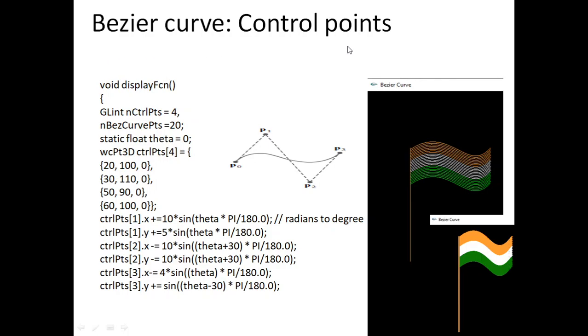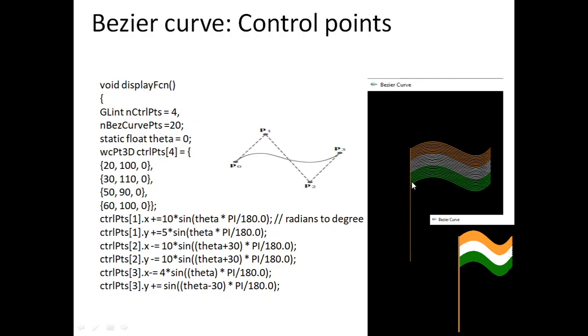Bezier curve control point. Now actually this is our output. By using a curve, we are going to draw a flag, correct? But this output will be obtained by drawing curves like this. So here you can see a green color curve. We are going to draw the national flag. How are we drawing the national flag?